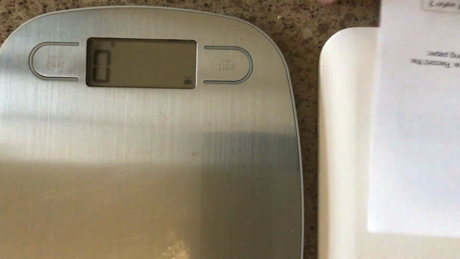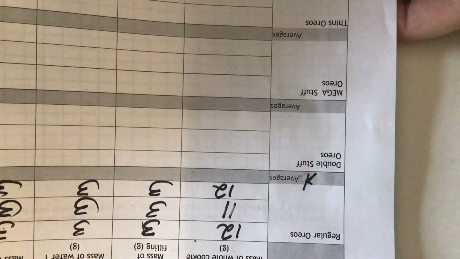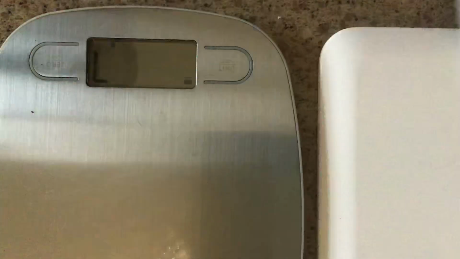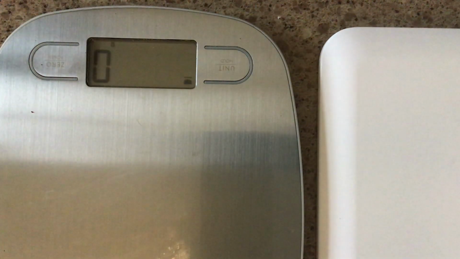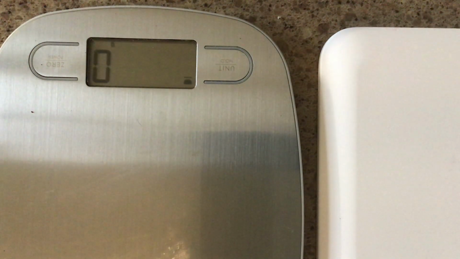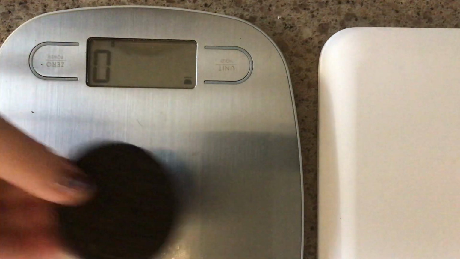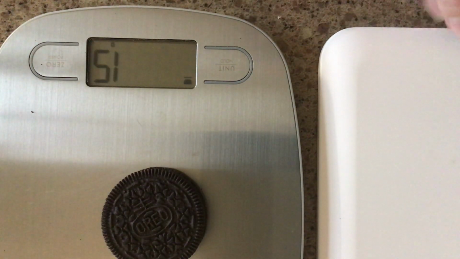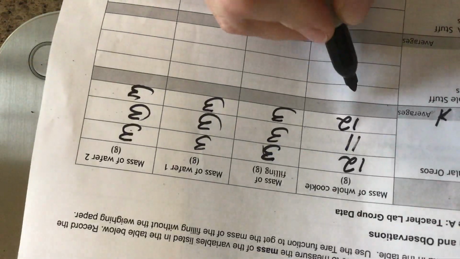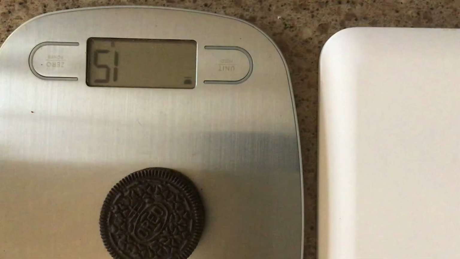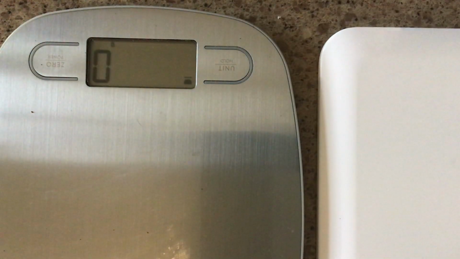Next, we need to take the first readings, the mass of whole cookie for my double stuff. Can you place one cookie in the center? No, we're doing the cookie first. Okay, 15 grams. So already we have an increase in size. This is cookie 1.